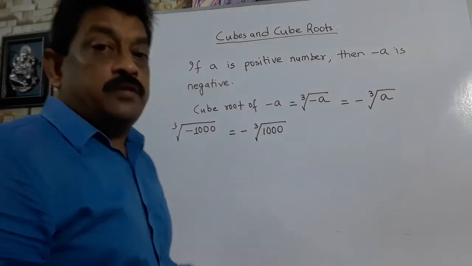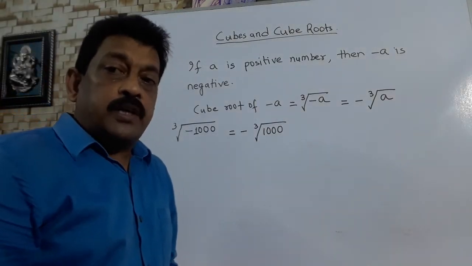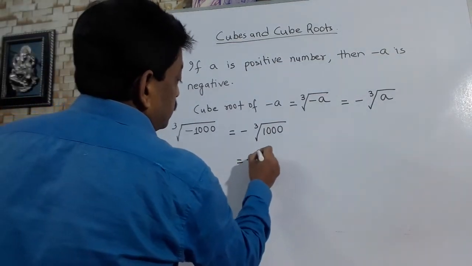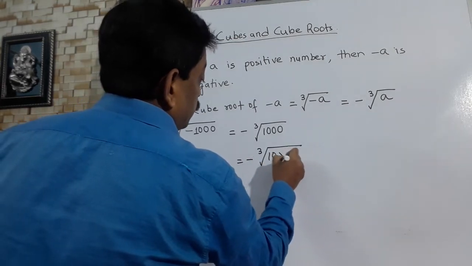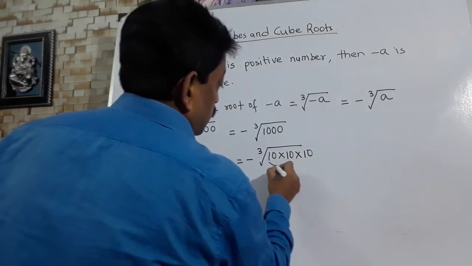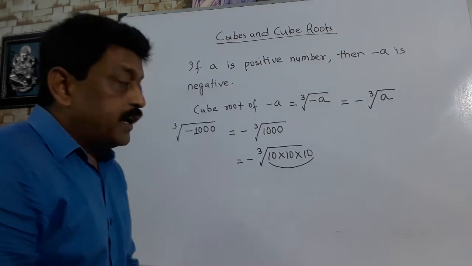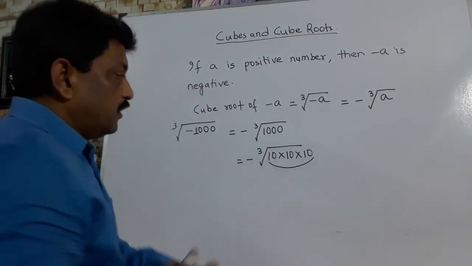Now since there are 3 zeros, 1000 can also be written as 10 into 10 into 10. So we can write minus cube root of 10 into 10 into 10. That is, 1000 can be expressed as a product of triplets of equal factors.